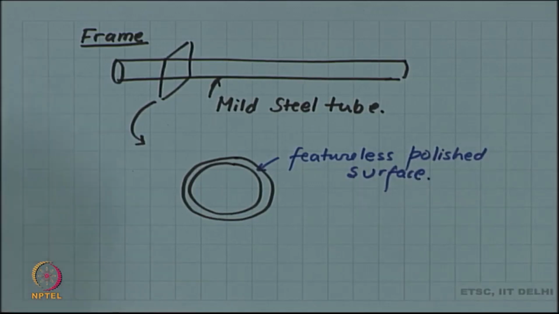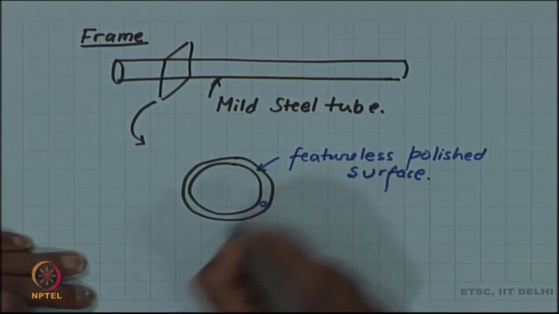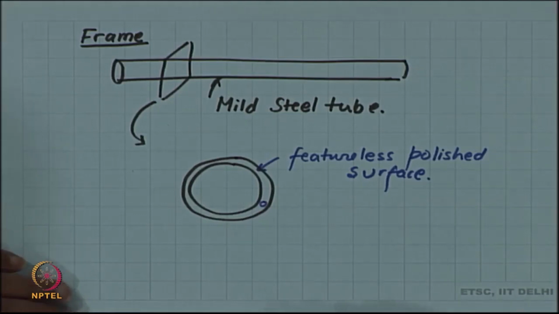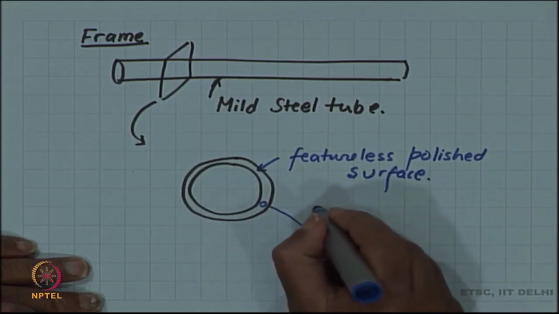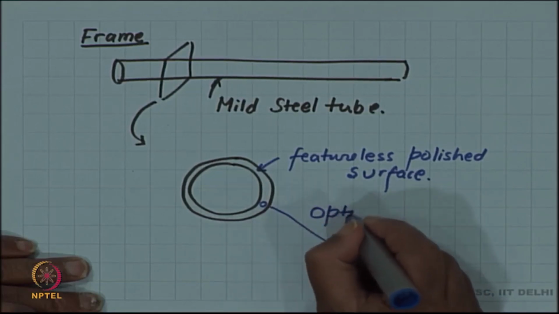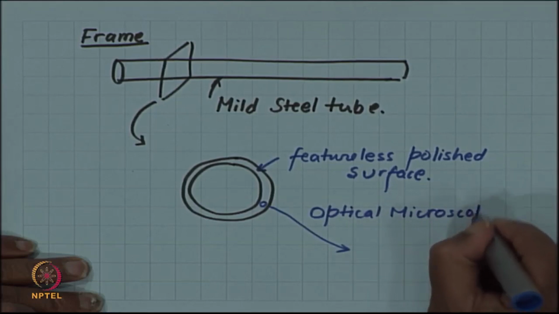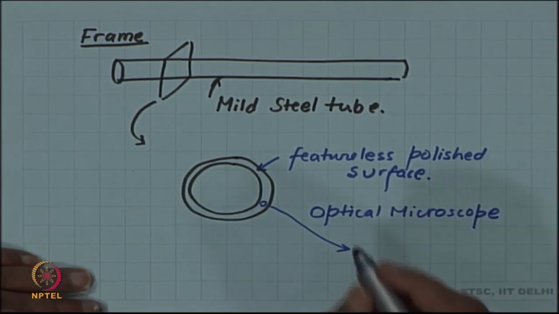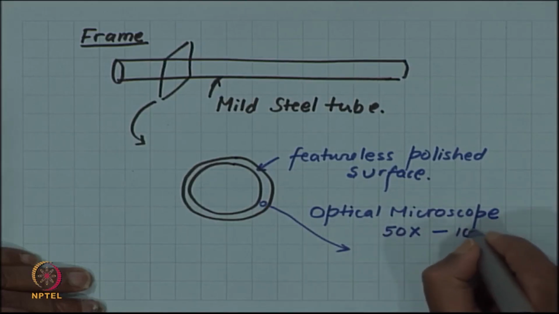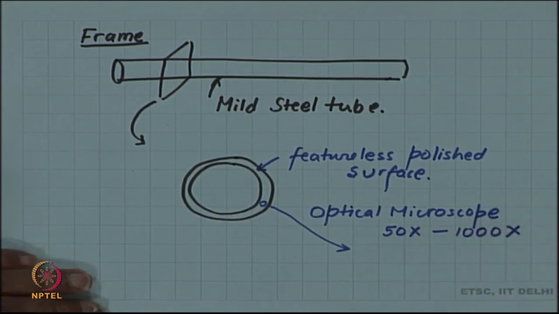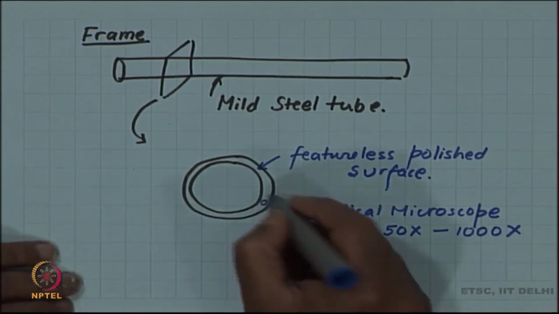But then if we look at a small region of this featureless surface at higher magnification using, let us say, an optical microscope, which has magnification, let us say, from 50 times to about 1000 times, then we will see a whole new world inside this.